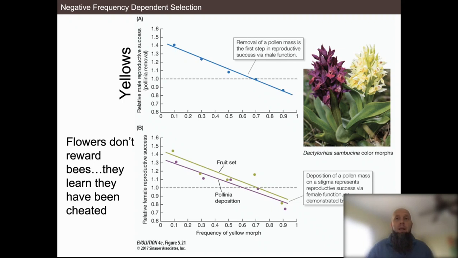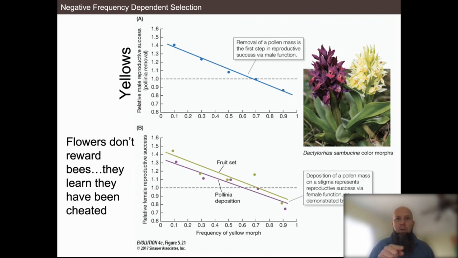The instance of negative frequency dependent selection that your text uses is a species of plant that has two different colored flowers, yellow or purple. And the x-axis on these two graphs is the frequency of the yellow plant. If we look at the top graph, that is the relative male reproductive success, so how much of its pollen is removed by insects that come to that plant.